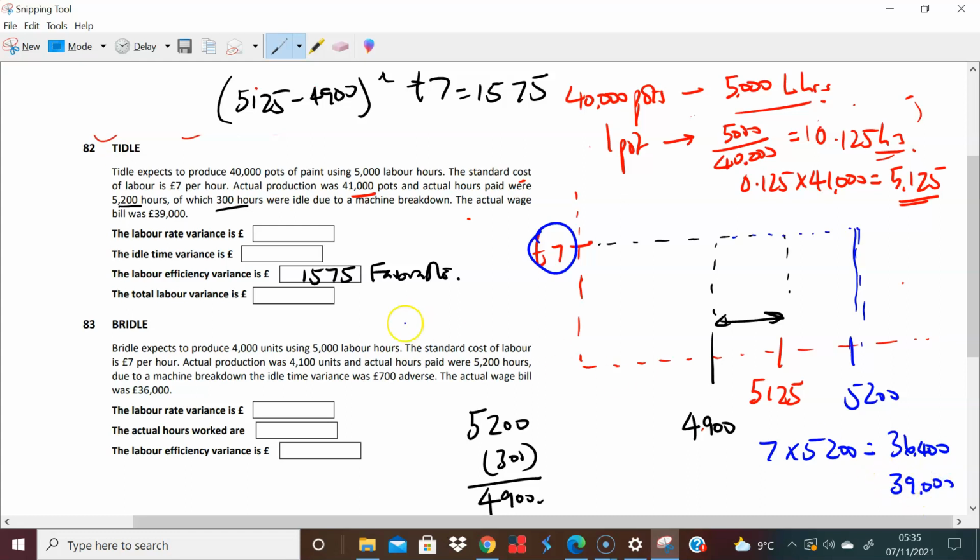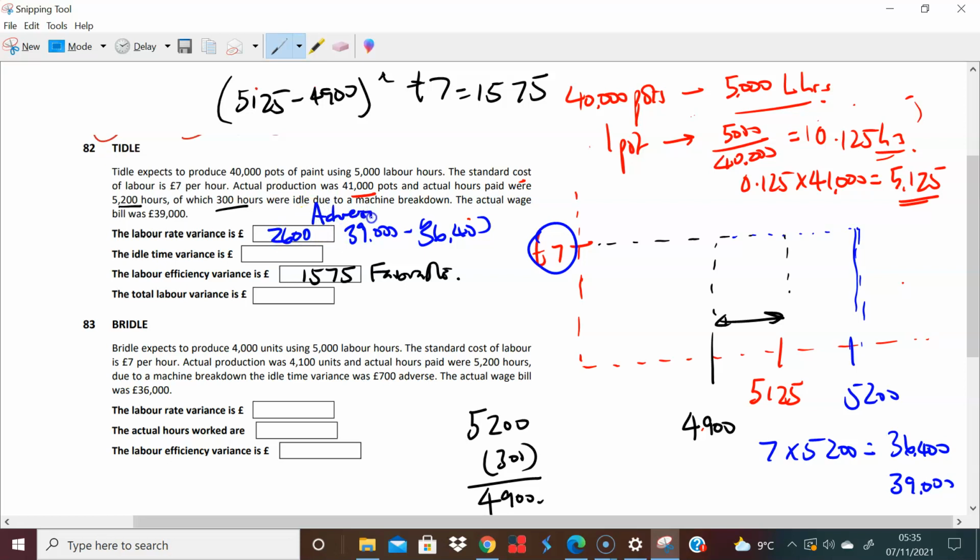So you have a labor rate variance of 39,000 minus 36,400, which is 2,600 adverse, right?